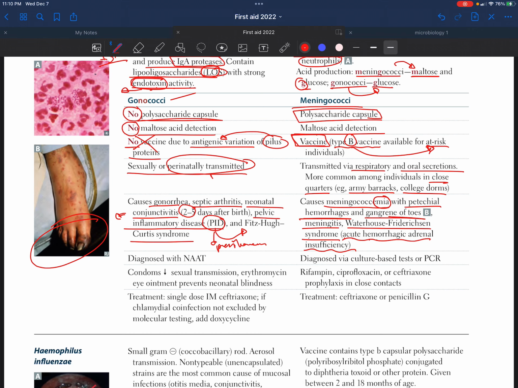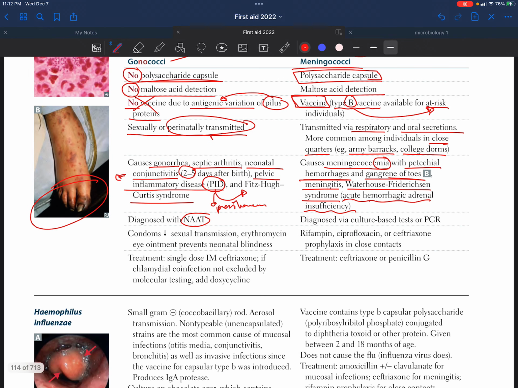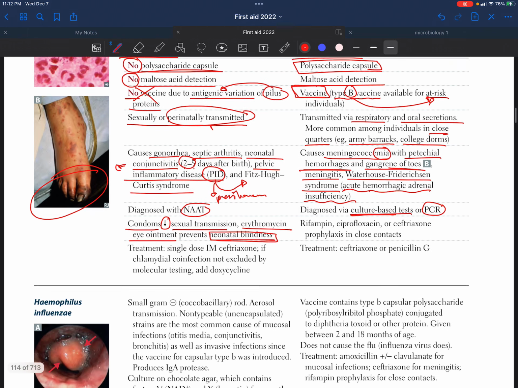The gonococci are diagnosed by NATs, the nucleic acid amplification test, while the meningococci are diagnosed via culture-based test or the polymerase chain reaction. For the gonococci, because it is sexually transmitted, condoms reduce the sexual transmission, and the erythromycin eye ointments can prevent neonatal blindness, because we said that the baby may develop blindness, or conjunctivitis actually, within 2 to 5 days after birth.